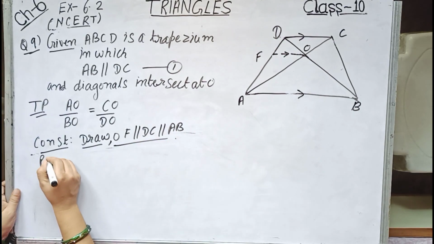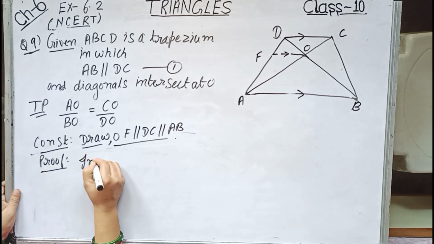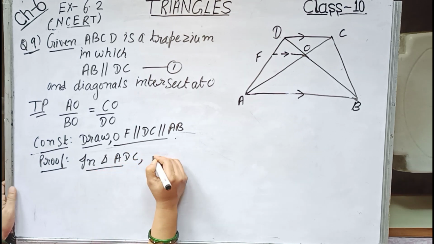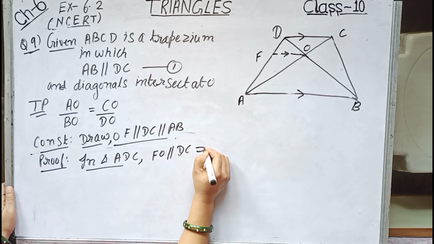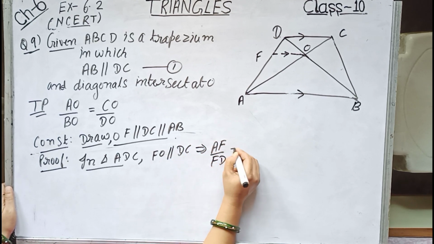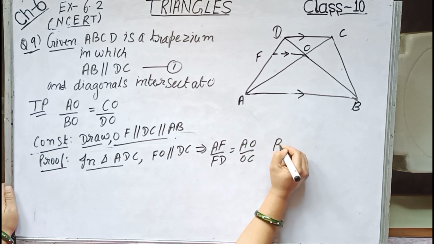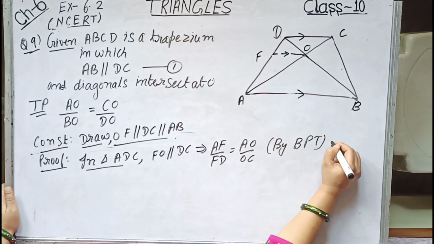Now proof part. In triangle ADC, FO is parallel to DC, implies AF by FD equals AO by OC by BPT. Make it number 1.